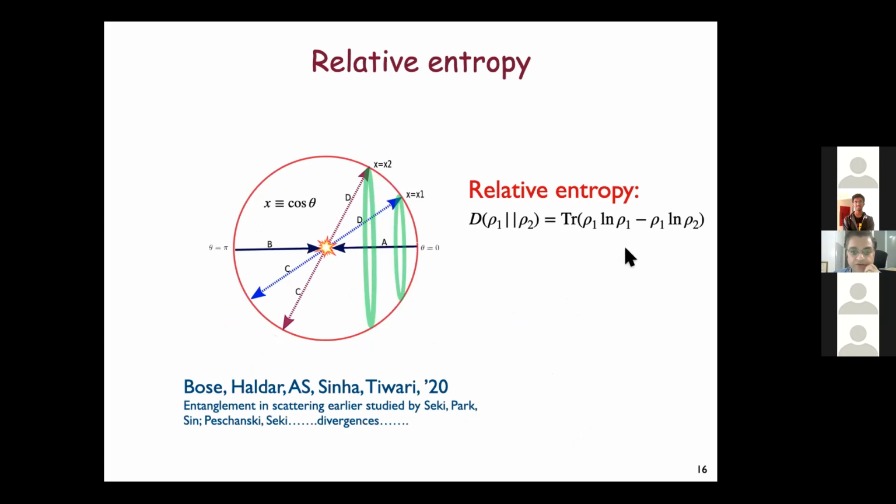You have two density matrices, and there are two different ways of thinking about them. The way this picture tells you is that you could consider a density matrix at angle theta 1, where whenever I say x, it's like cos theta. So x equal to x1 means it's cos of theta 1.